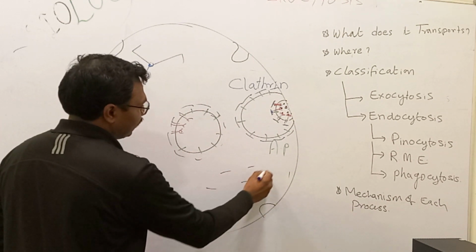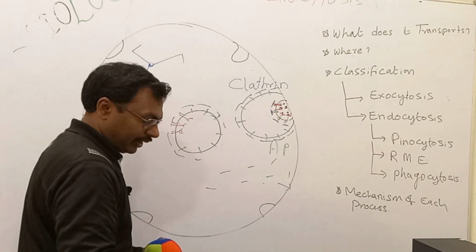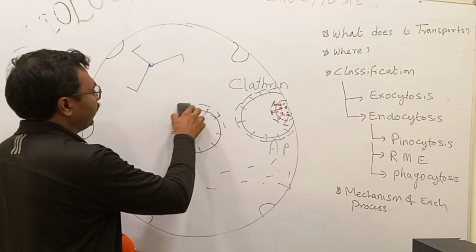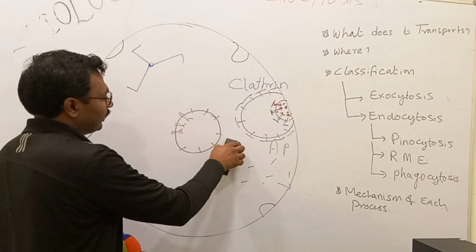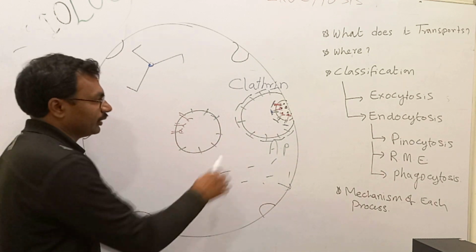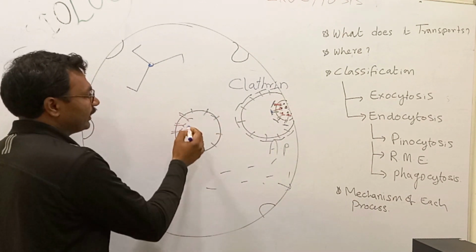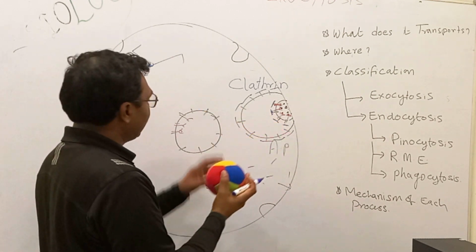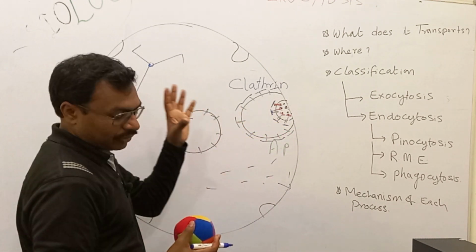And it automatically returns to the cell membrane with the help of heat shock protein, by the hydrolysis of ATP. The adaptor protein, this green one, initiates the release of the clathrin from this ball, and this becomes one endosome.